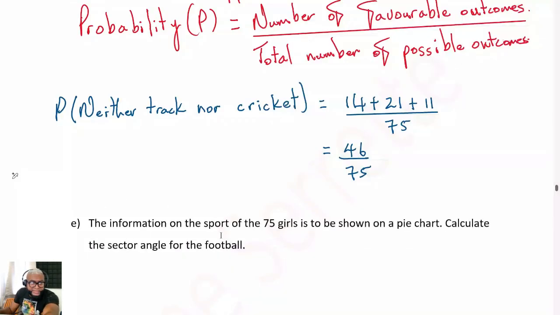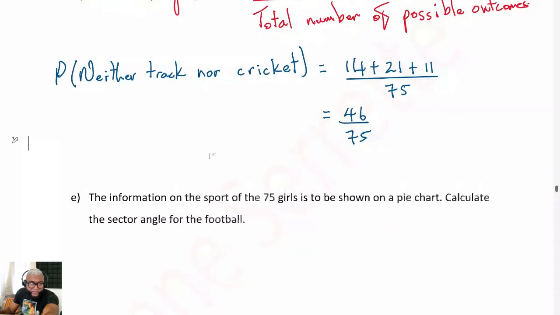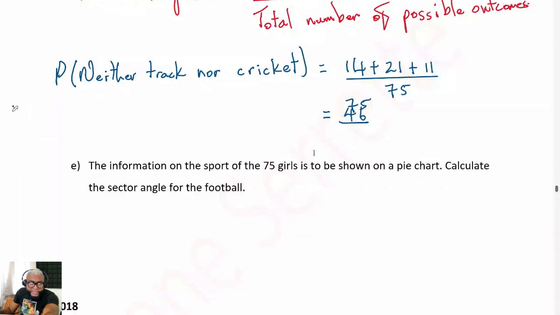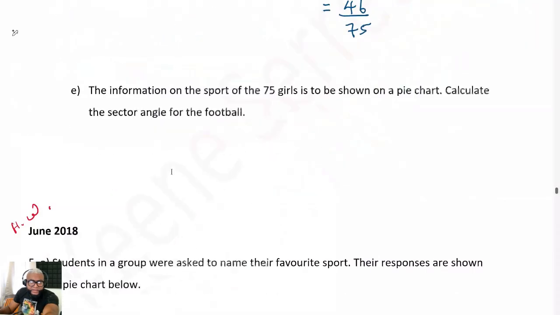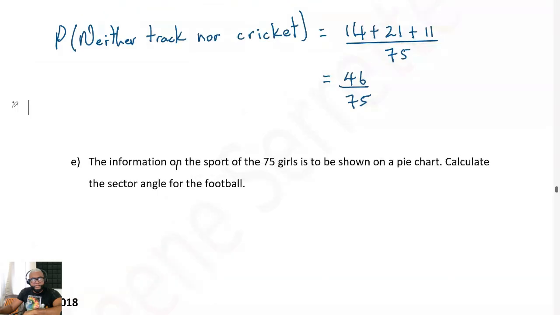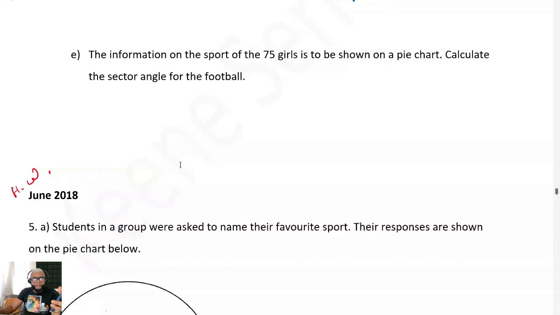The information on the sport of the 75 girls is shown on a pie chart. Calculate the sector angle for football. So let me see who's thinking here. Everybody finished? Right.